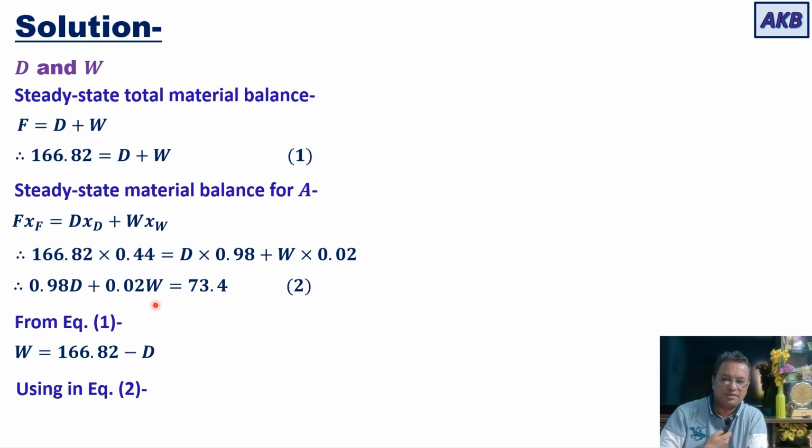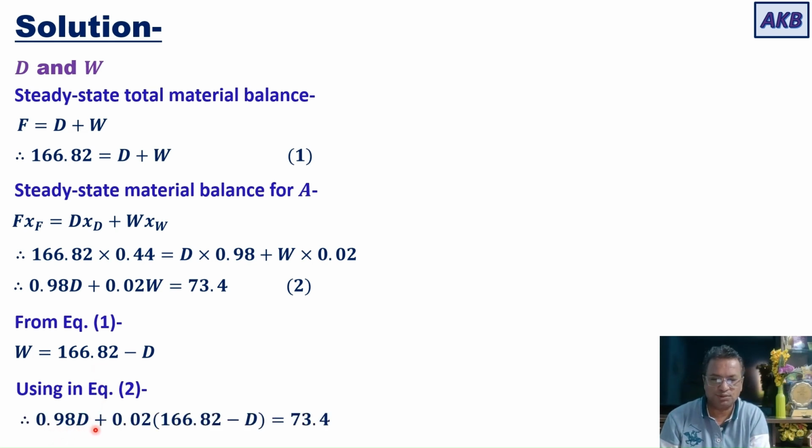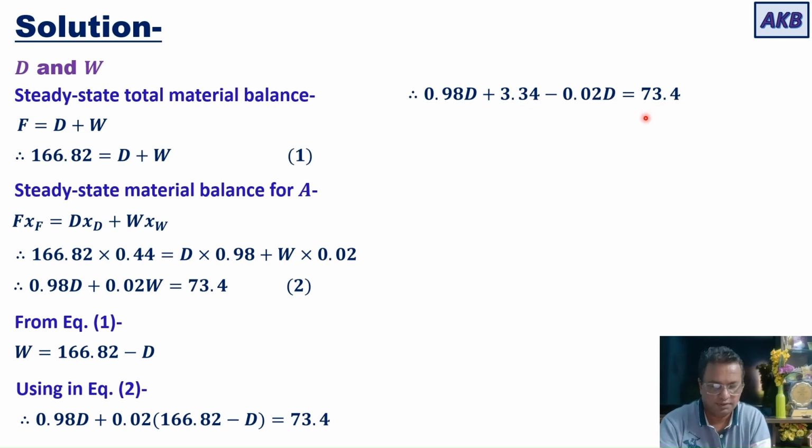Wherever W is there in equation 2, I will use this in that place. So it will be 0.98 into D plus 0.02, and in place of W, I'll be using 166.82 minus D, that is equal to 73.4. I'll simplify it. This is 0.98 into D plus 3.34, since 0.02 into 166.82 is 3.34, and 0.02 into D is minus 0.02 D, that is equal to 73.4.